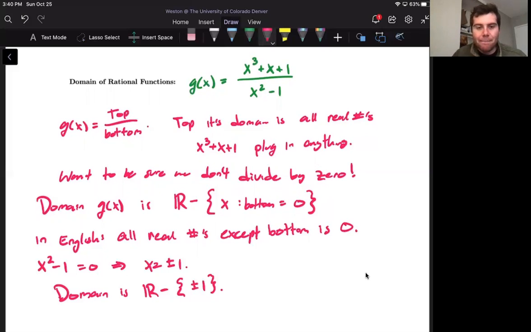And that's our domain. If we plug in plus or minus 1, we're going to get division by 0, and we don't know what to make of that. If we plug in anything else, though, we'll just be looking at a real number divided by a non-zero real number, and that's fine. That gives us meaningful output.